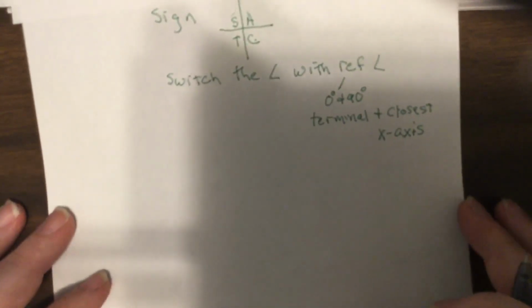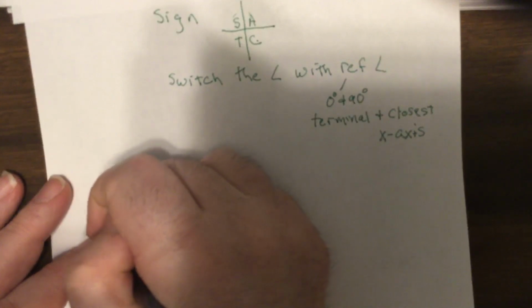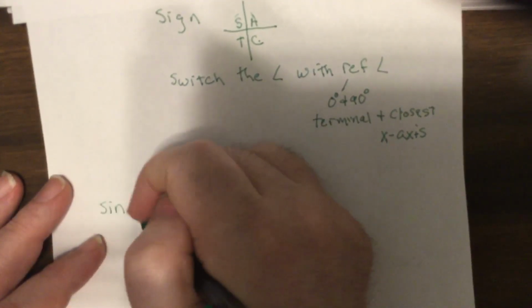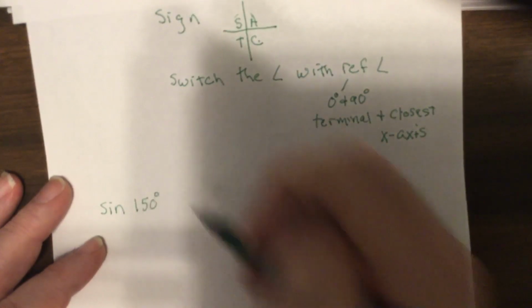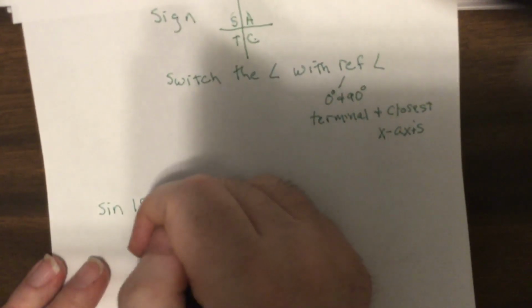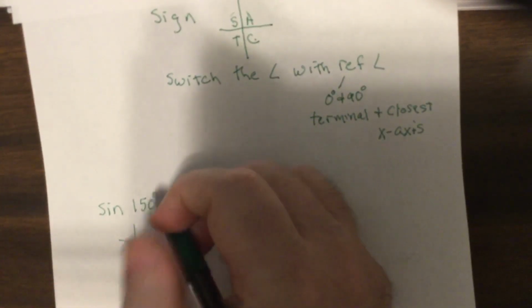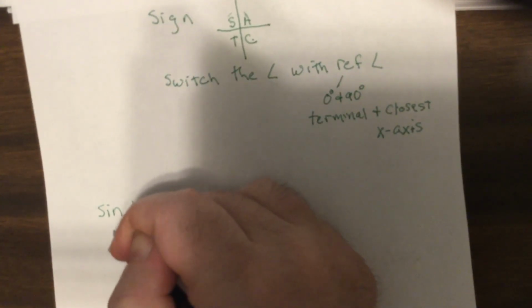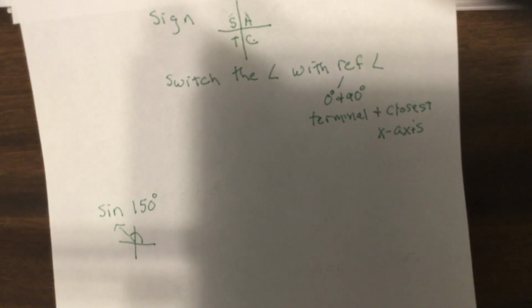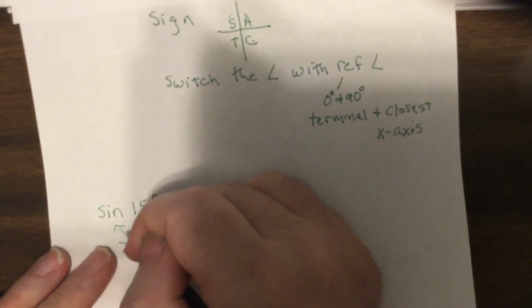So, if I say, what's the sine of 150 degrees? Well, you'd say, okay, I like to make a drawing. Don't have to, but I like to. 150 is right here. So it's in the second quadrant.